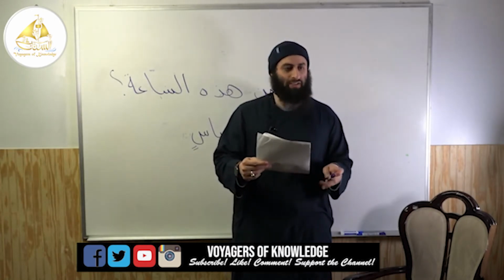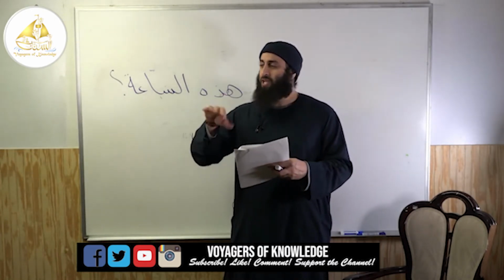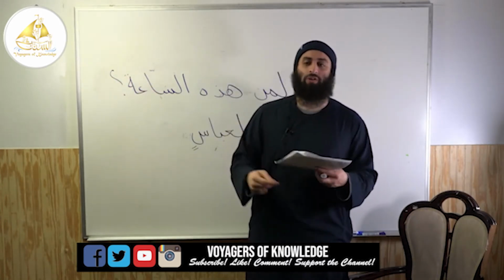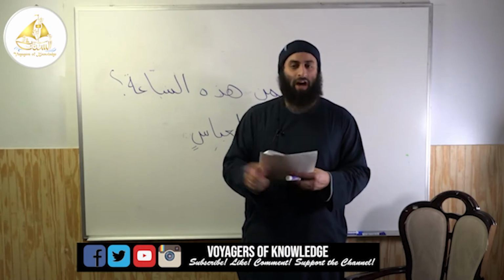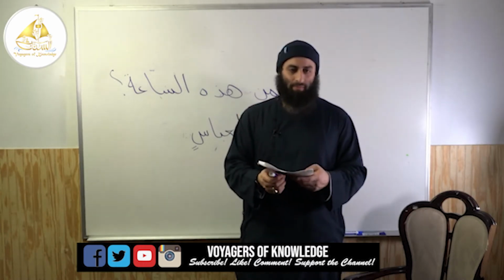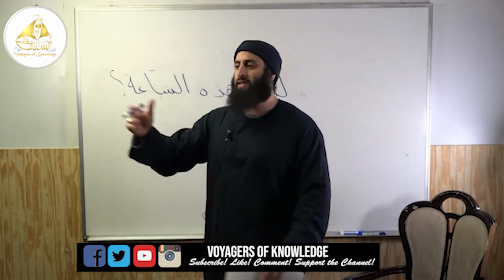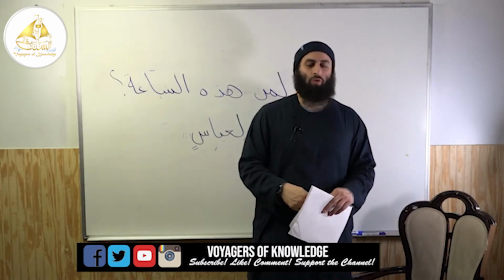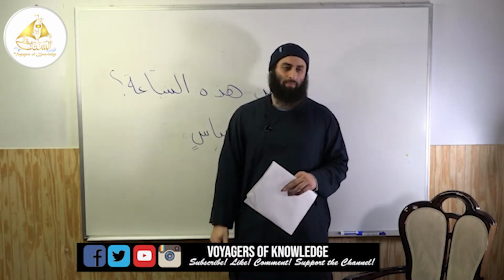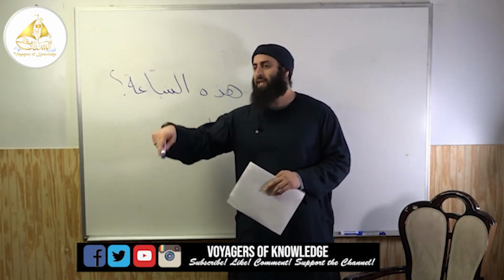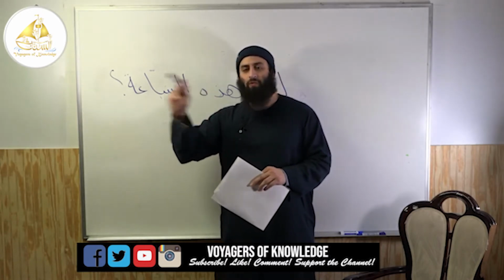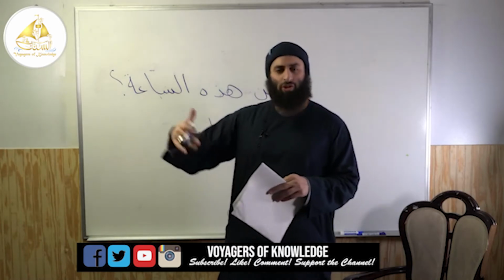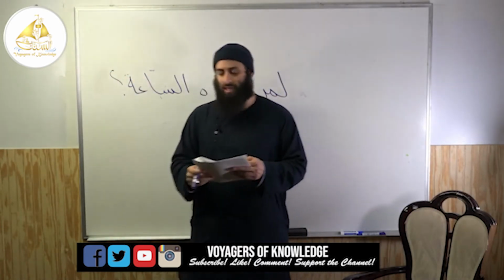But most of the time when you say ذهب, it means he went. And if he went somewhere, you're going to say إلى, not في. So you want to say ذهب إلى البيت, you don't want to say ذهب في البيت. You want to say ذهب إلى المدرسة, not ذهب في المدرسة. That makes sense? So when you use ذهب, you're usually going to say he went to, and use إلى.